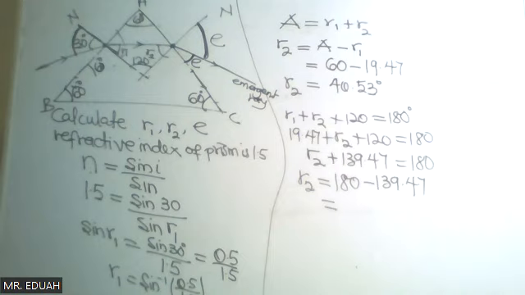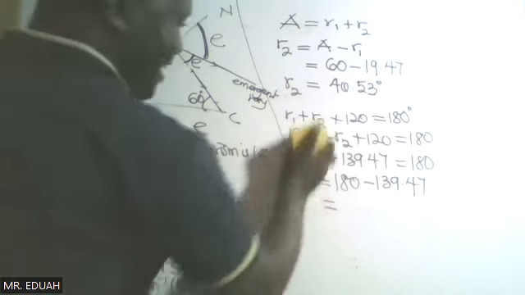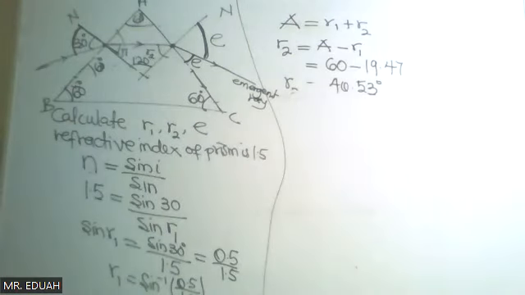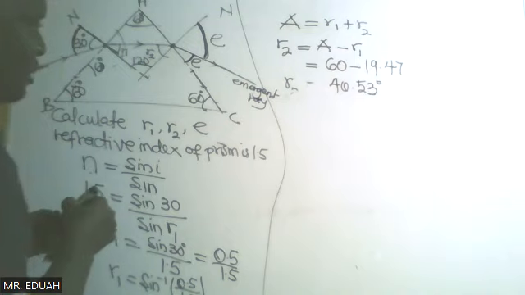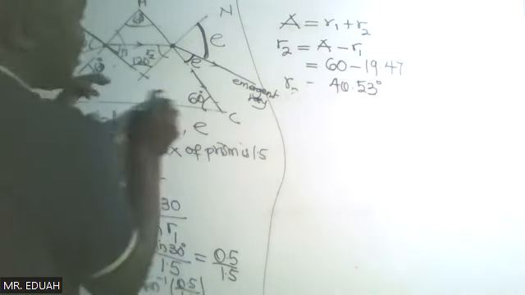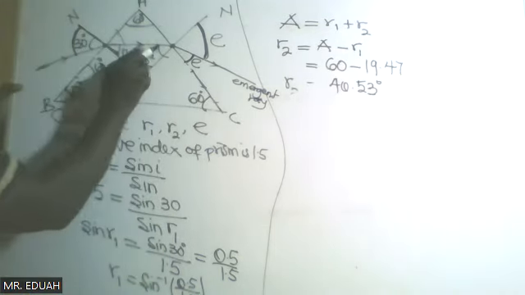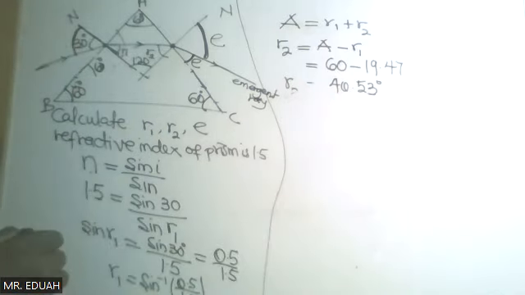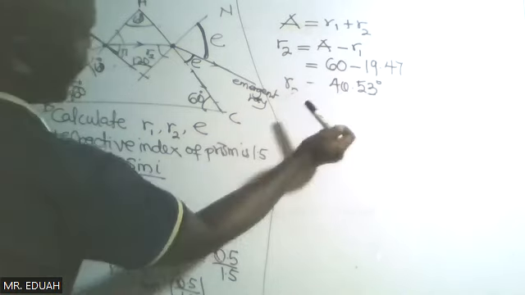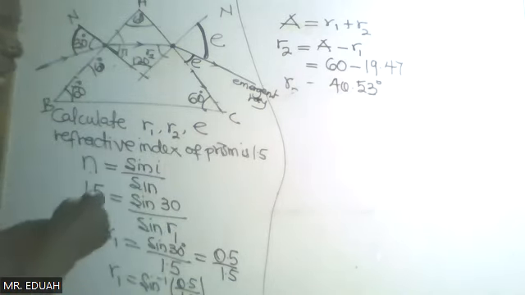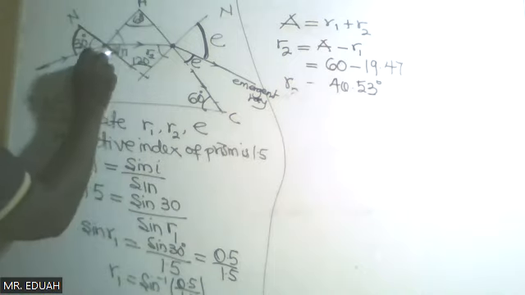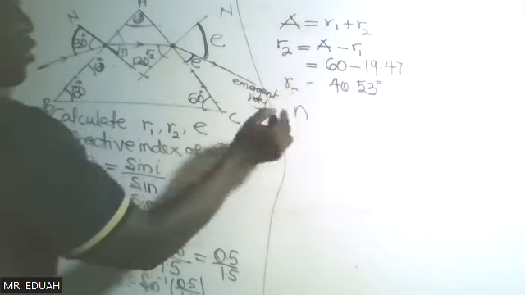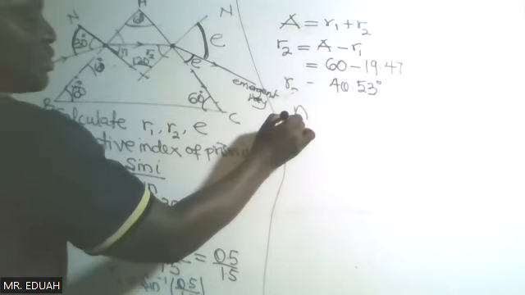How do I determine the angle of emergence? You can consider the ray from the glass coming out, or reverse the path of the ray from air entering into the glass. Both would work. If you want to use the ray coming from the glass and coming out, then the refractive index will be from glass to air.